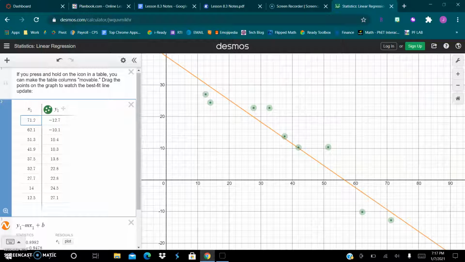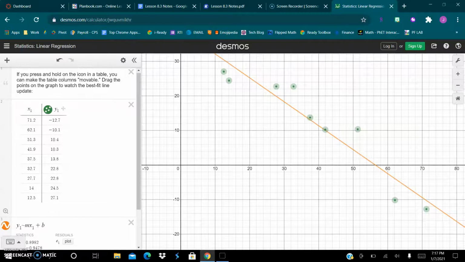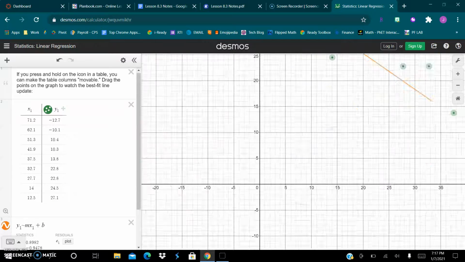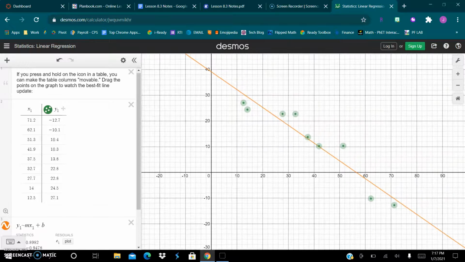And that's all I did. It automatically plotted them over here. I zoomed out, because it was really zoomed in and I couldn't see it, so I moved my screen so that I could see the points and the line. It automatically puts the points there for you, and it puts the linear regression on there for you.